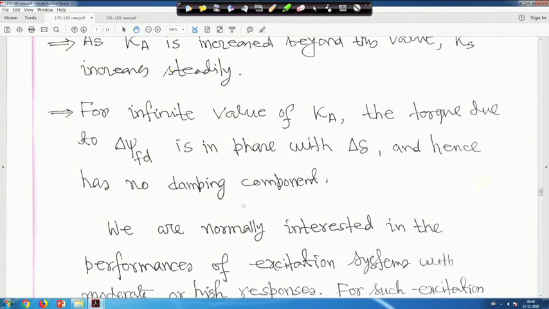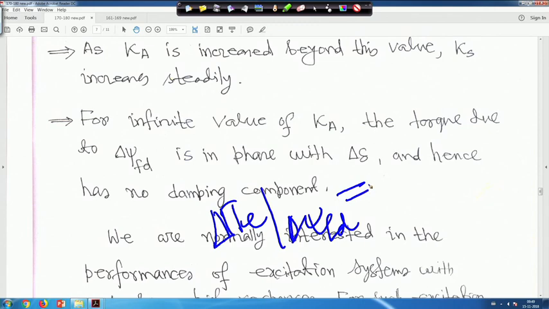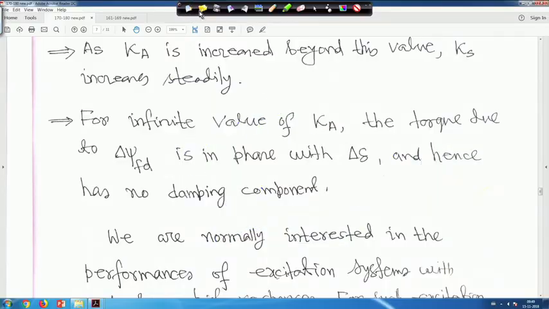That means delta T due to delta psi FD will be a function of only delta, but no j delta term will come, when K tends to infinity, right. This is a small exercise for you, please try this one. If I try to do everything, it will take more time.